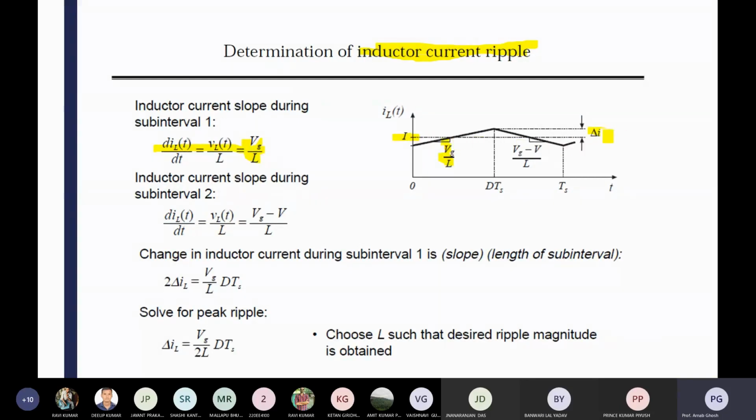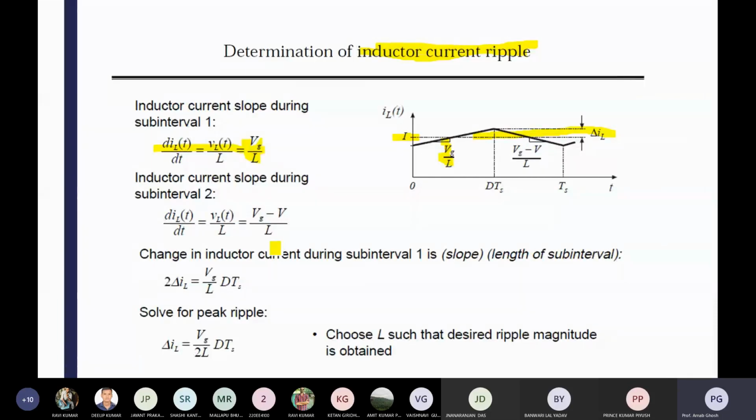So how much ripple you have to calculate. First you will go for delta I, then again delta I for both of the cases. So you can add both of them. If you add both of them, how much value will be there? Vg by L. Okay, so it is coming like that.